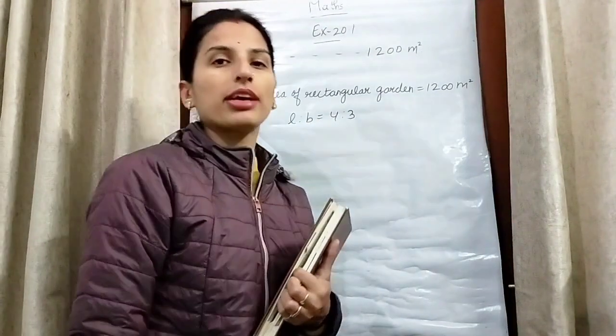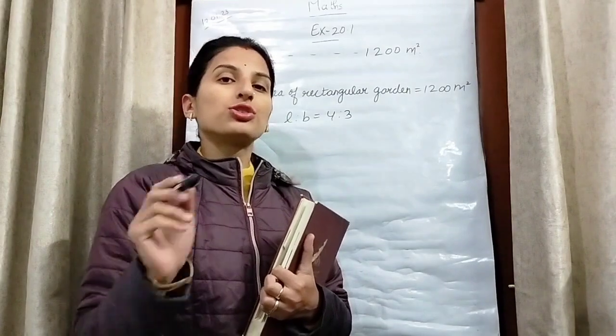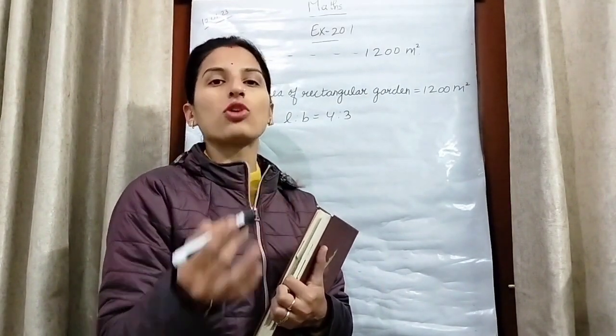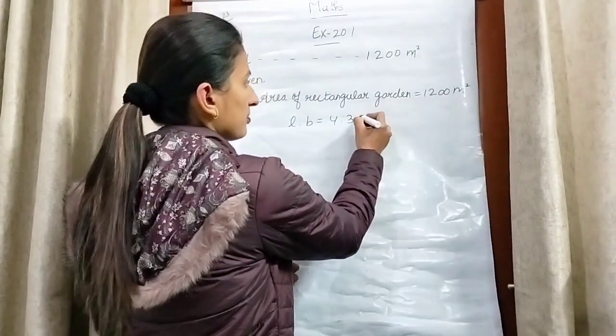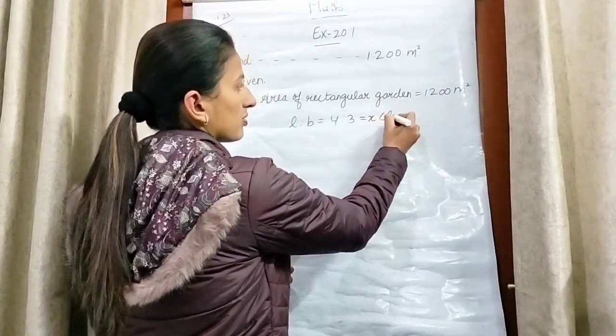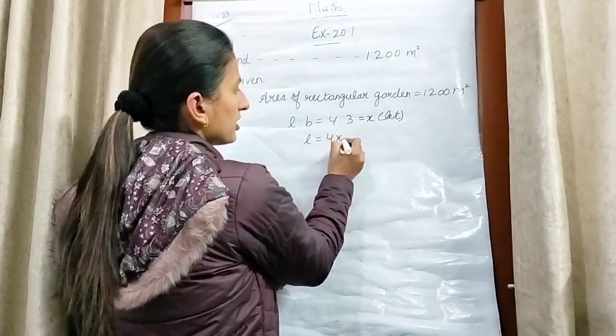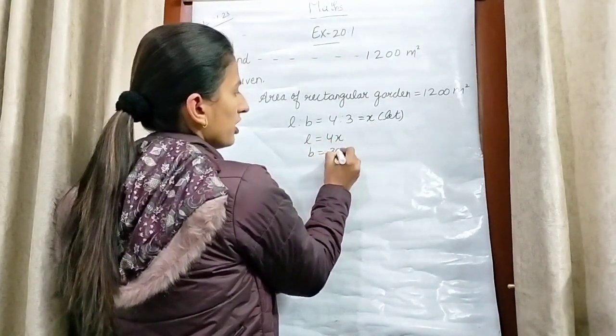And yesterday in my class I have explained that to eliminate the ratio, always equate that ratio equal to some constant like x. Okay, I am just assuming that. So L will be equal to 4x and B equal to 3x, correct?